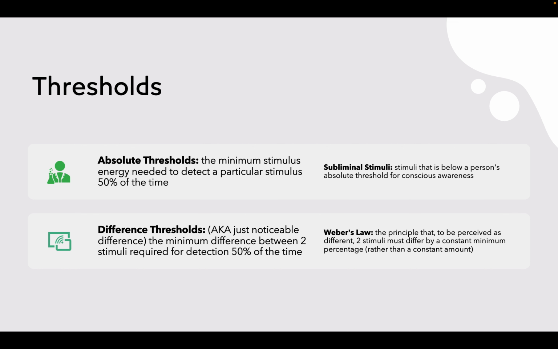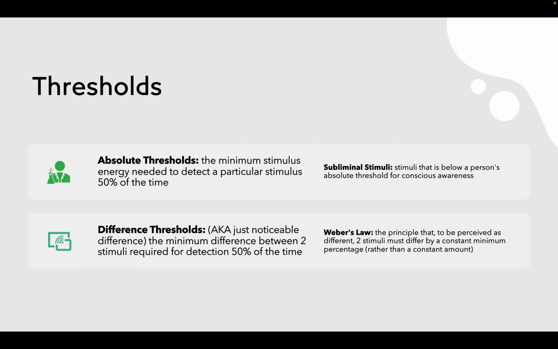However, if we pick up something that is 105 pounds and then pick up something else that is 110 pounds, we're not going to notice that as different. We're not going to notice it as much, and that's because it's not the 5 pounds that's needed to determine the difference threshold. It's a percentage. So it's not 5 pounds, it's whatever percentage it is.